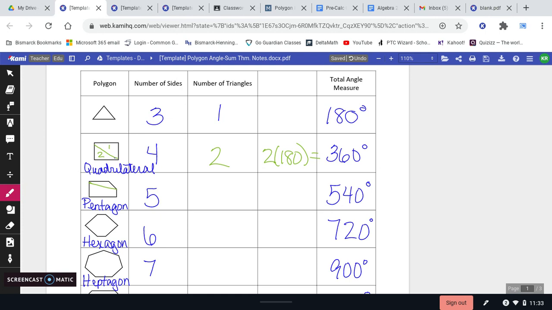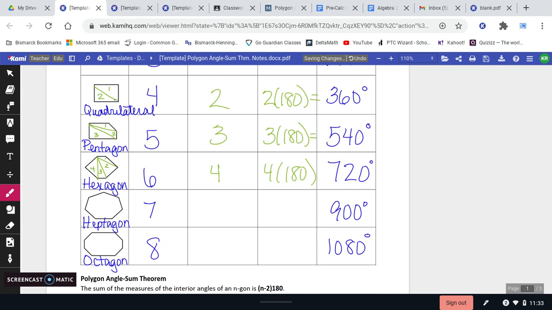From here to there, I've got 1, 2, 3 triangles. Each triangle is 180 degrees, so 3 triangles times 180 is 540. Same thing with a hexagon. I have 1, 2, 3, and then that line makes 4 triangles. So 4 times 180 is 720.